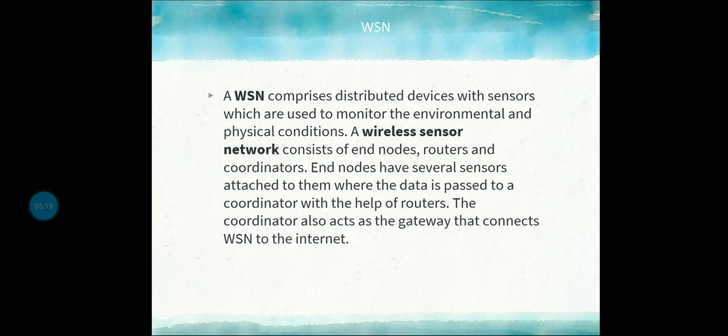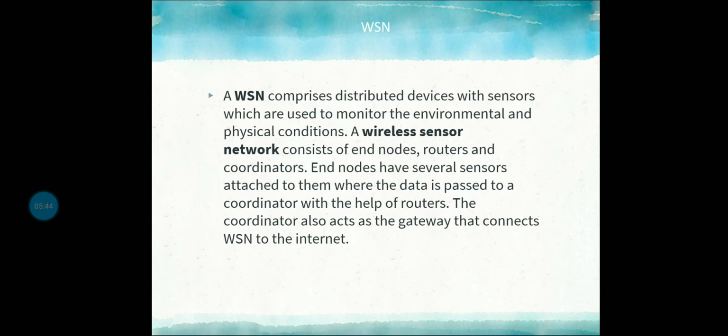On your screen, a WSN, that is a wireless sensor network, comprises distributed devices with sensors which are used to monitor environmental and physical conditions. A wireless sensor network consists of end nodes, routers, and a coordinator.